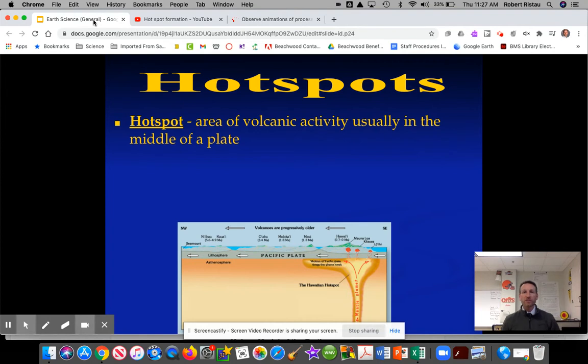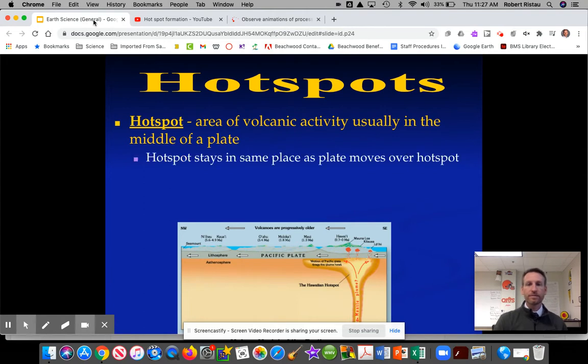So hotspots usually happen not at plate boundaries, just in the middle of the plate, and they're an area where we have volcanic activity. The reason for this hotspot is that you get passageways through parts of the upper mantle and into the crust that allow much more magma to come up through the ocean floor.